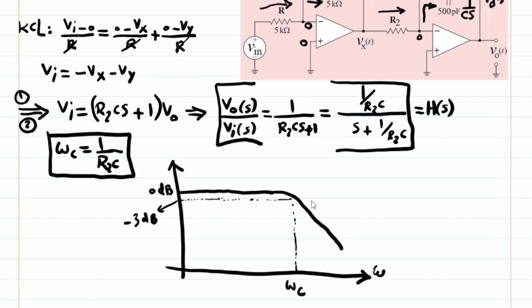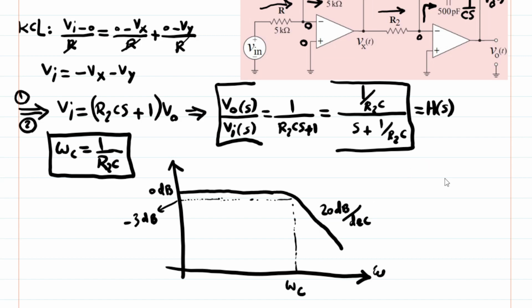The output has half of the power of the input at that point. And after that, we have a drop of 20 dB per decade. Decade meaning after roughly omega C, every 10 times increase in frequency results in a 20 dB decrease in the magnitude of the output.